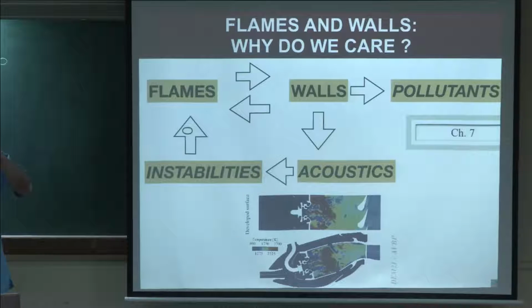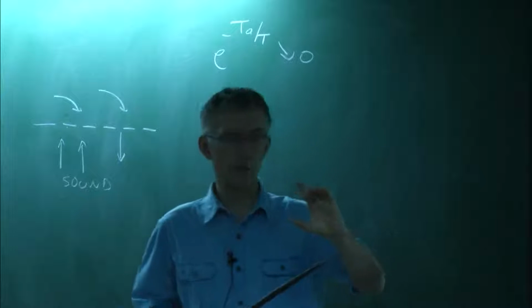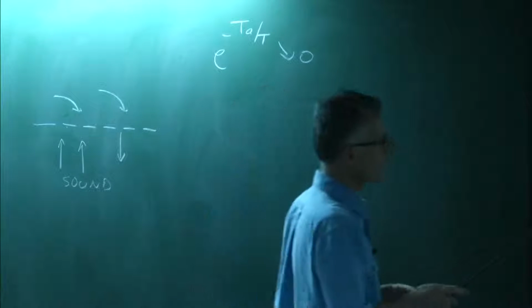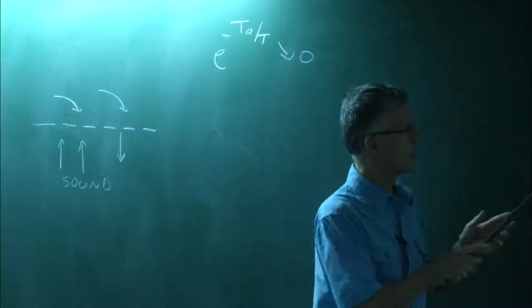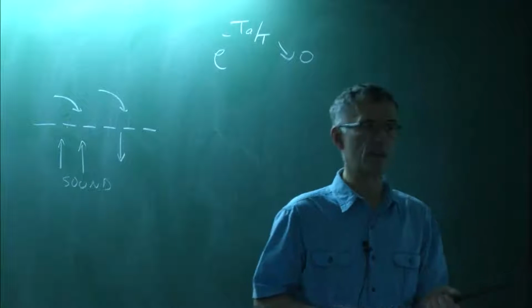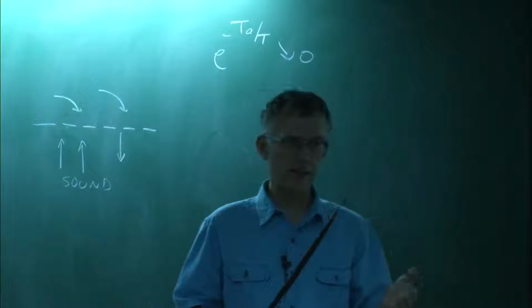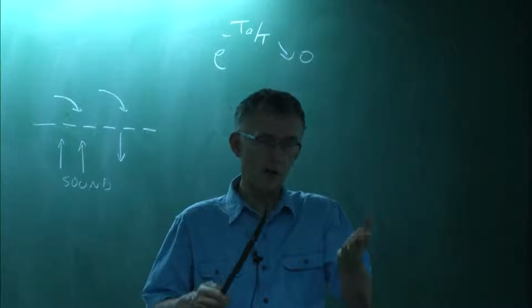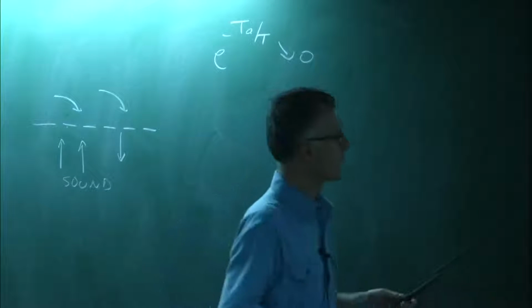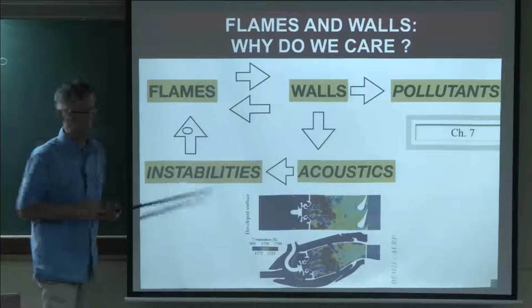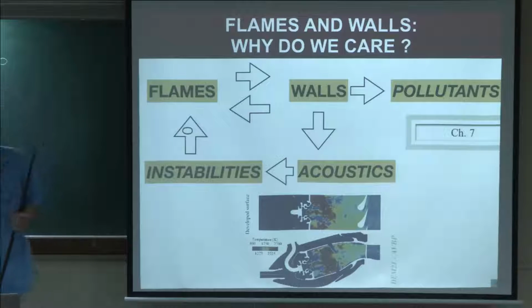What you will do is diminish the level of noise in the system. If you diminish the level of noise, as I have shown you yesterday, that will change the flame again. The NOx, for example, yesterday evening I showed that the NOx levels were influenced by the level of acoustic fluctuations. So you see that the walls are actually playing a big role over the whole range of problems here.